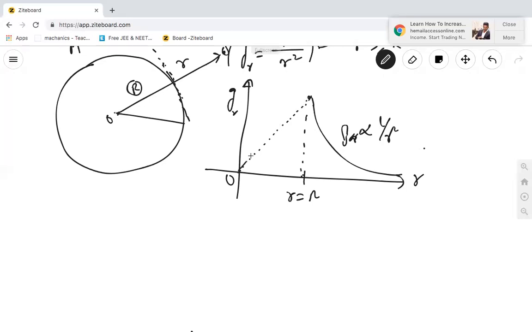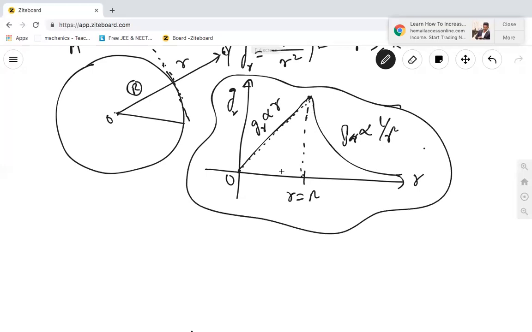So now it is a straight line up to here. From the center to the surface, acceleration due to gravity increases proportional to r. So the equation is linear and the graph is a straight line. Then it decreases as 1 by r square.